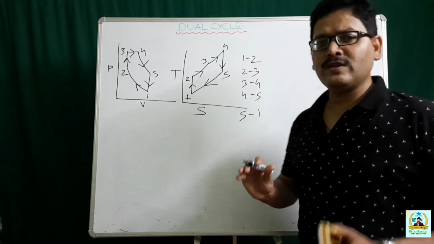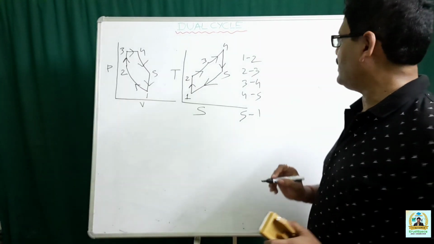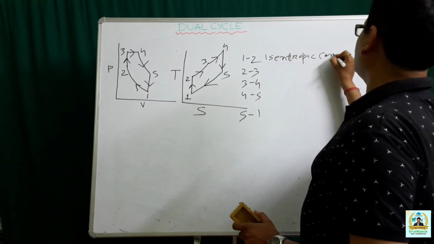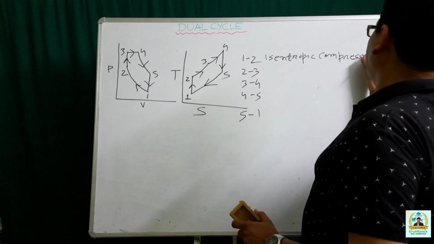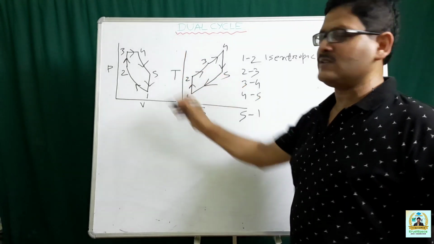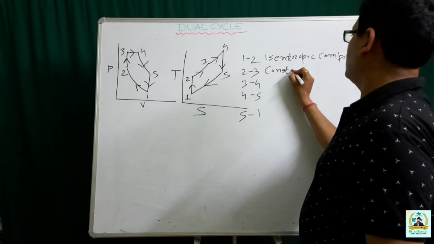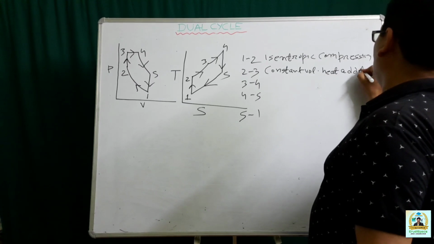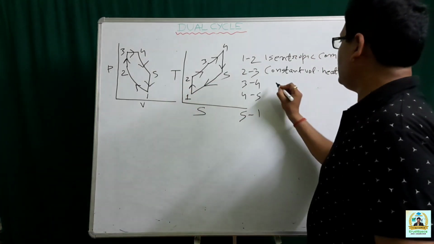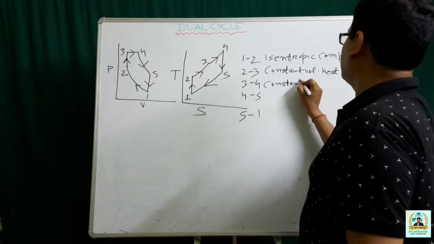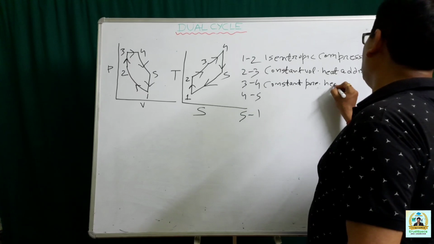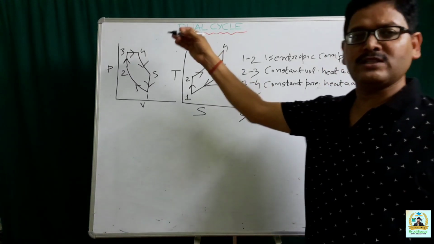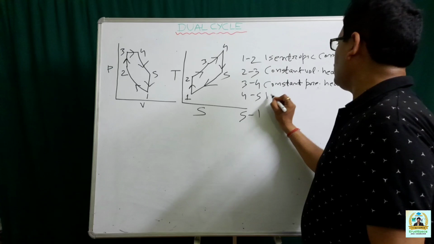1-2 is actually a reversible adiabatic compression process or isentropic compression process. 2-3 is your constant volume heat addition process. 3-4 is a constant pressure heat addition process. 4-5 is a reversible adiabatic expansion or isentropic expansion process.